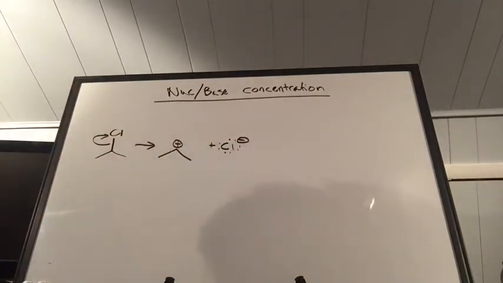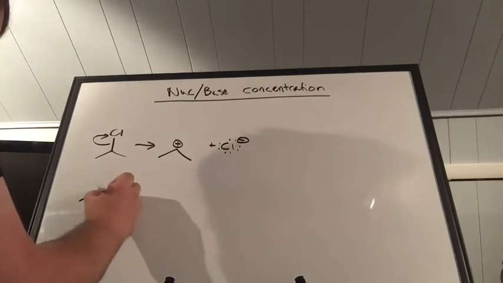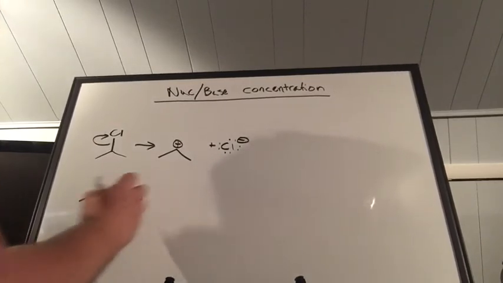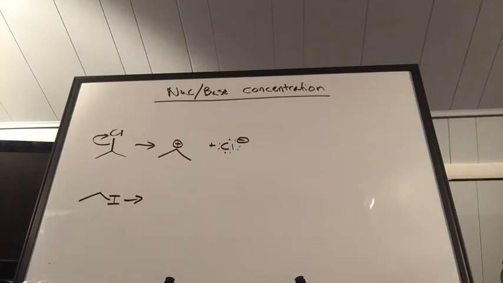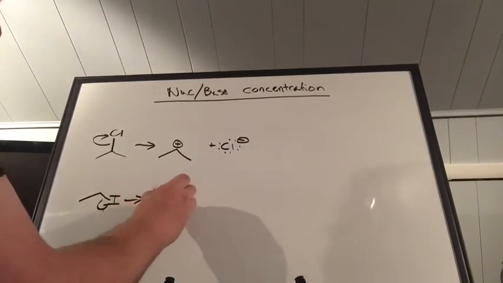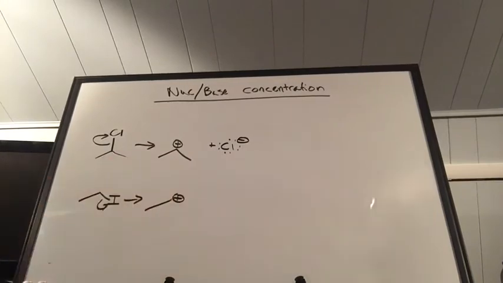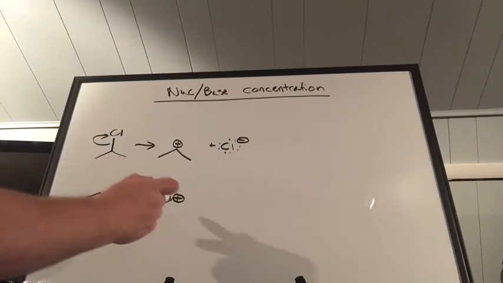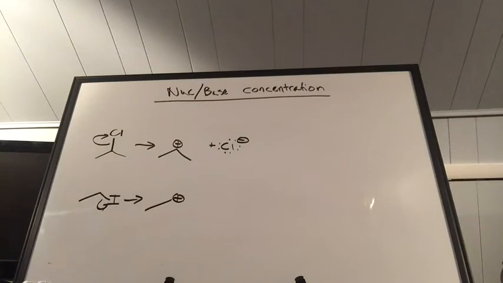This is very stable. How about iodoethane? If this were to heterolyze, what are we going to have? A primary carbocation, which is going to be quite unstable. So therefore, this would be a better substrate for bimolecular substitution. Okay.